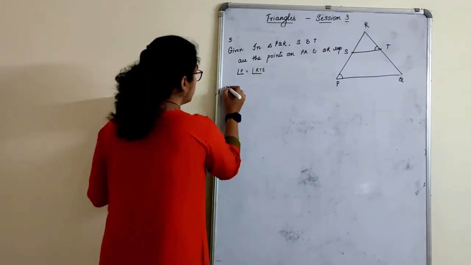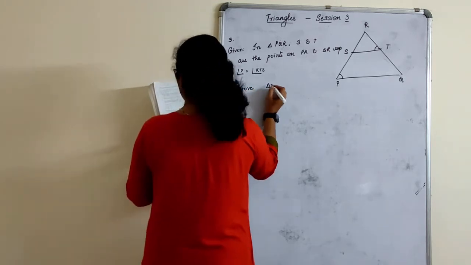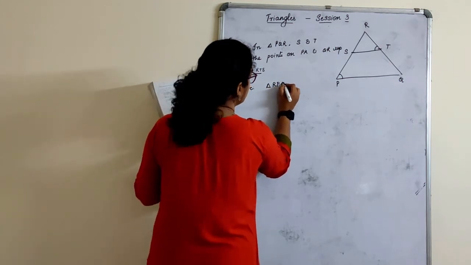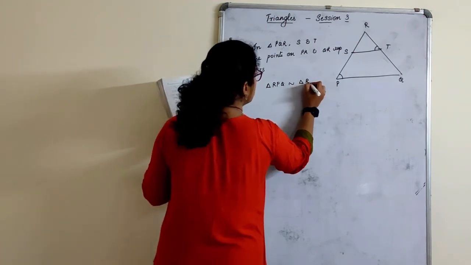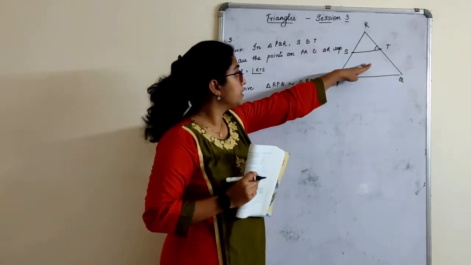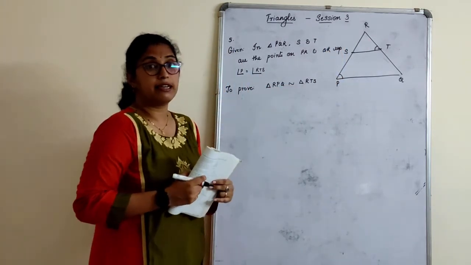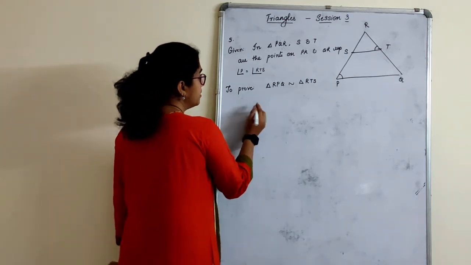Keep this as it is. To prove: triangle RPQ is similar to triangle RTS. Okay? Triangle RPQ, the bigger triangle, is similar to the smaller triangle. Now see, bigger triangle to smaller triangle. I have to also choose everything with respect to the bigger triangle and smaller triangle. Proof.